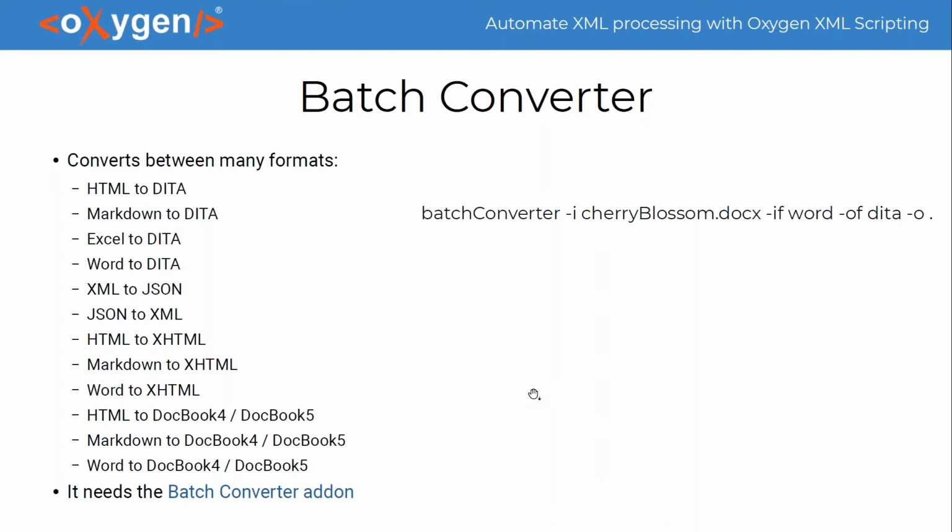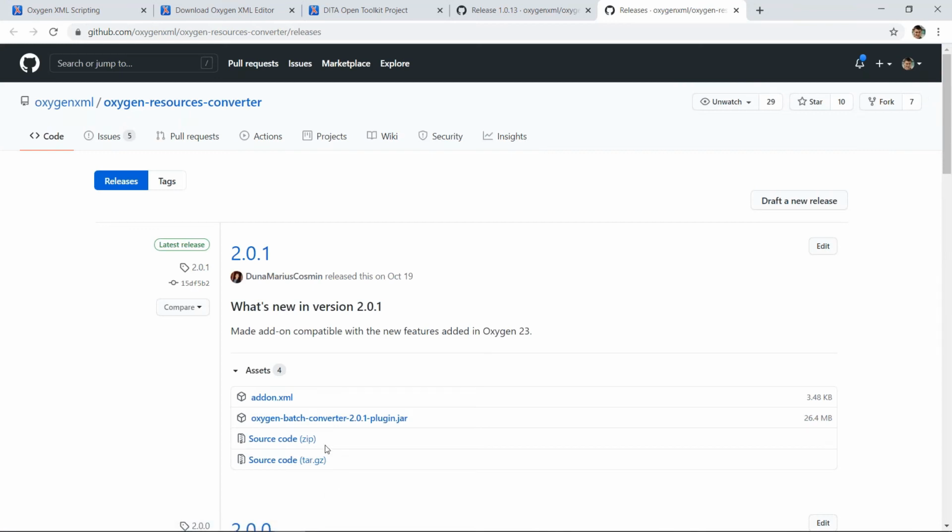In order to use the script, you need to have the batch converter add-on. So again, you'll get it from its GitHub repository in the releases section. Just grab the archive and unzip it inside the plugins directory.